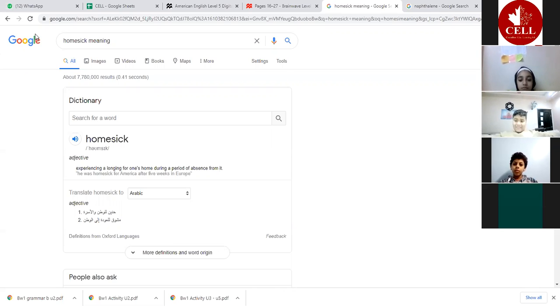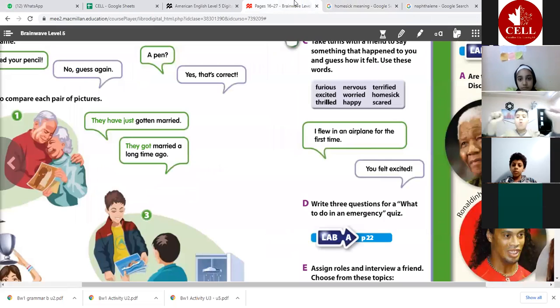You miss your mom, you miss your dad, you miss your school, so you feel homesick. Okay, for example, he was homesick for America after 5 weeks in Europe. A person staying in Europe for 5 weeks, and then he got homesick for America.